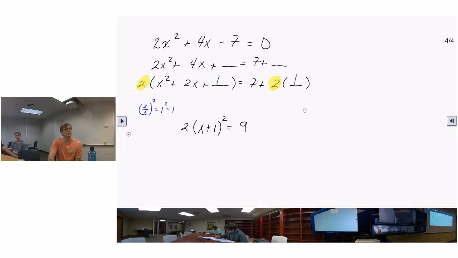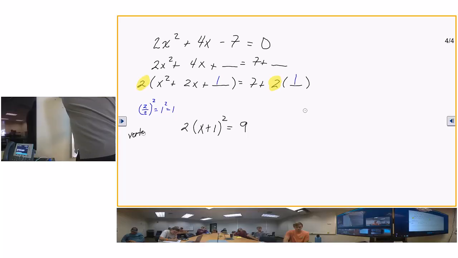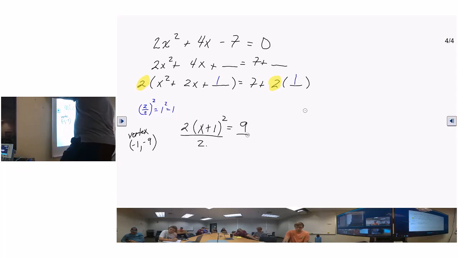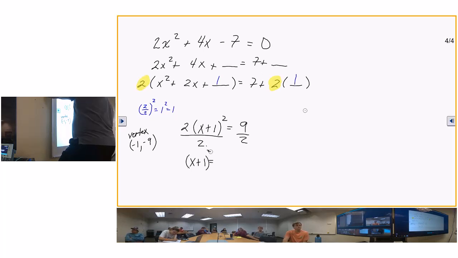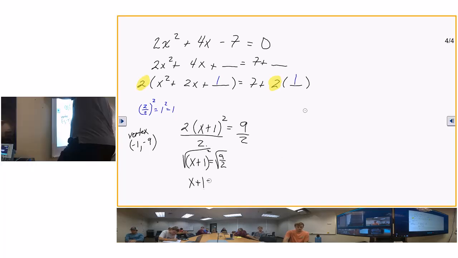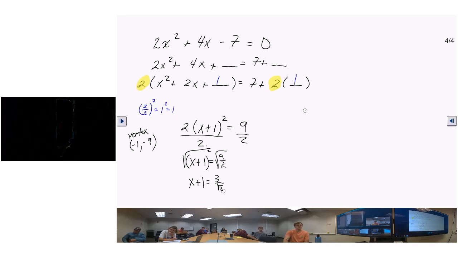My vertex is -1, -9. All for x, 2 times x plus 1 squared is equal to 9, so (x plus 1) squared is equal to 9 halves. X plus 1 is equal to 3 over the square root of 2.